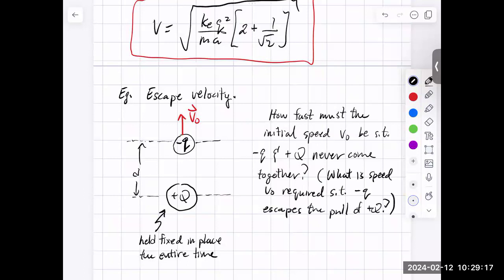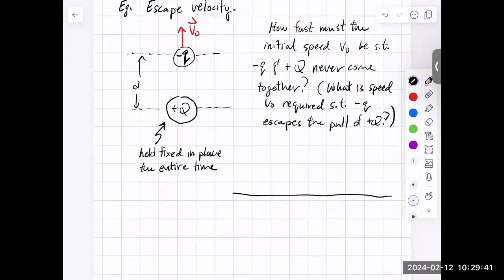Now what we're going to do is very similar to what we just did in the previous problem. We'll write down initial potential and kinetic energies, then we'll write down final potential and kinetic energies, and make sure that we conserve this mechanical energy and then solve for the speed. Before we do that, let me write down the scenario of a parallel problem.